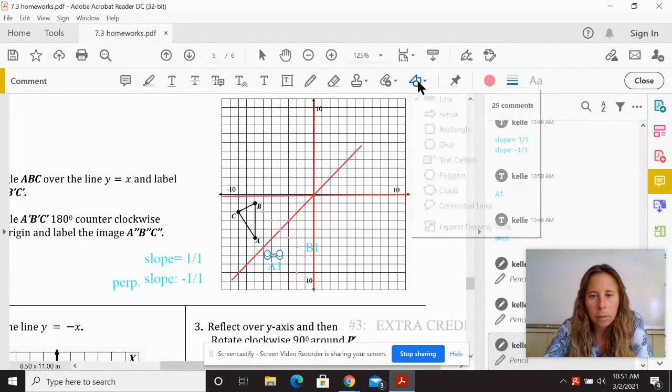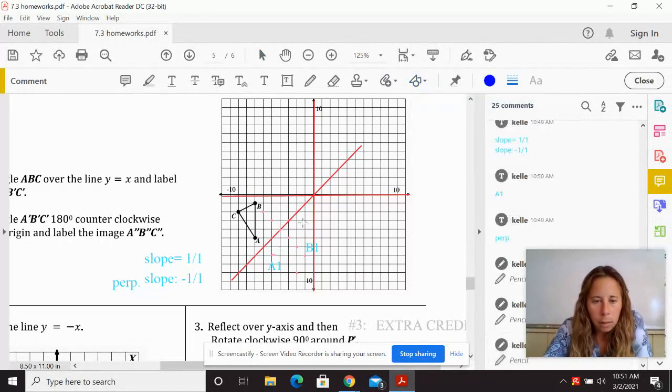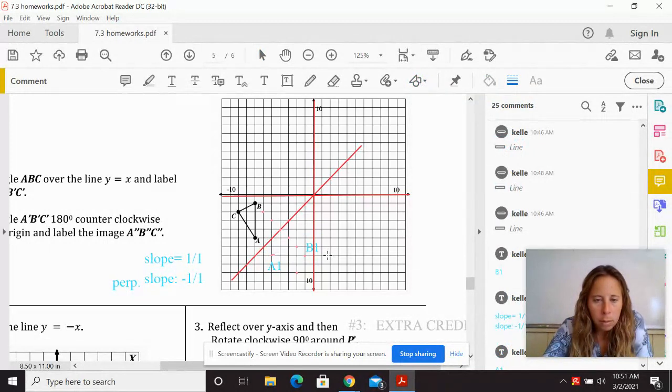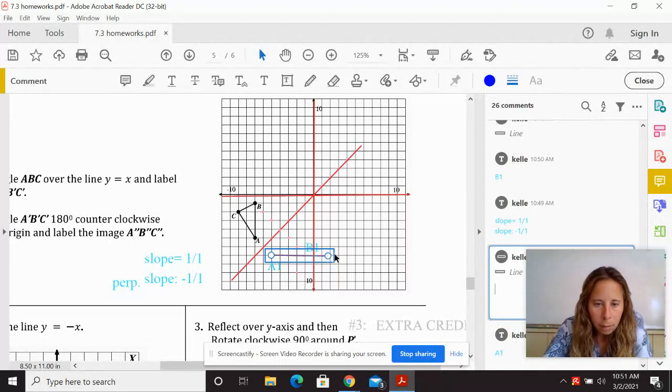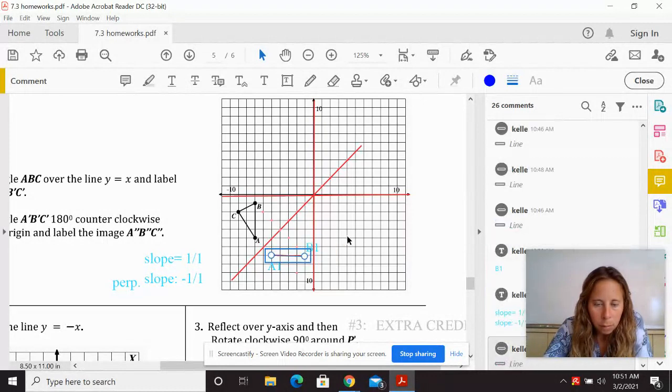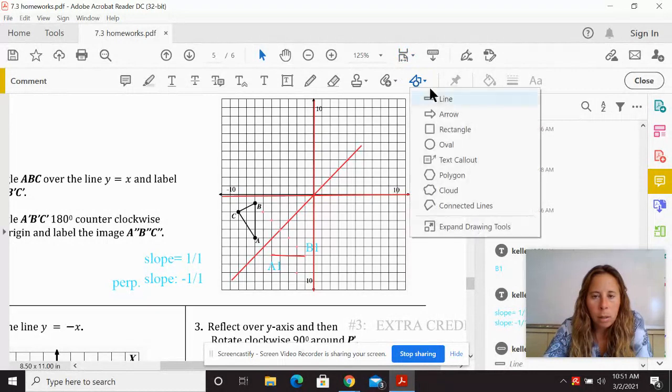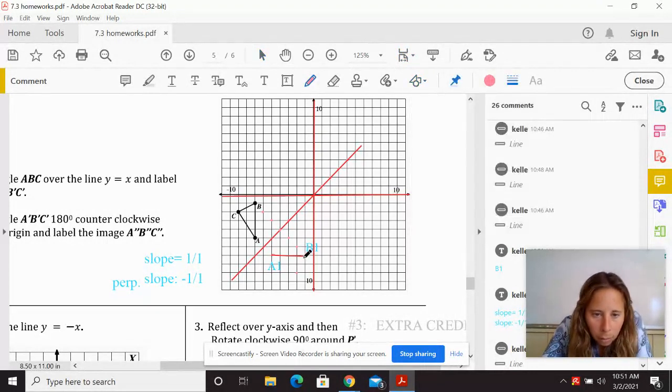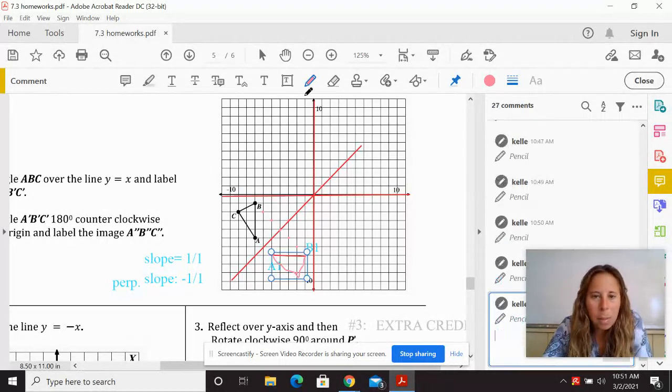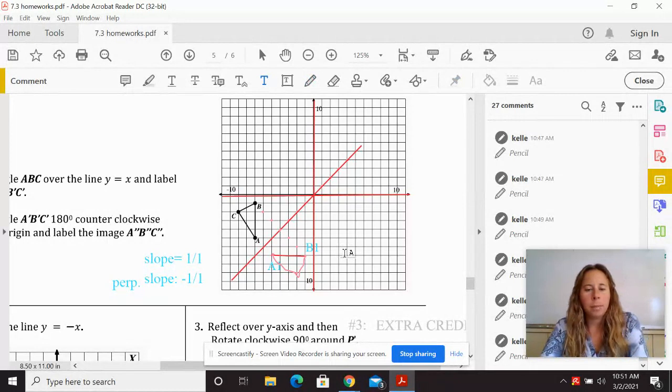Okay, I'll just shorten my line in a second. Okay, there's that. And then it's from A to B. I'm just going to draw it in. You have from B to C and C to A. Sloppy, but there you go.